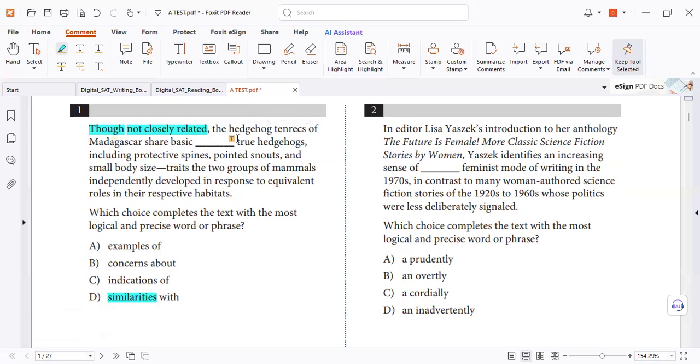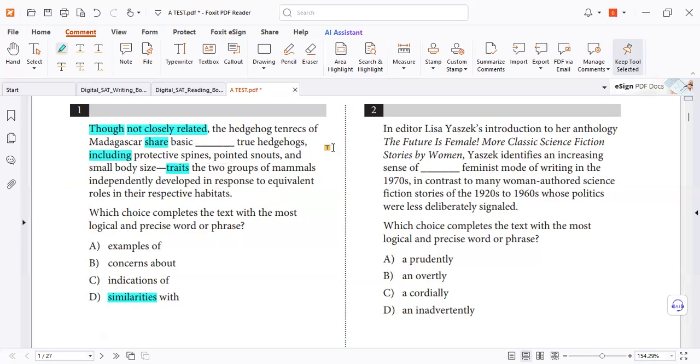So the heterogeneous of matters share basic, they share. If we share something, we share something similar, another evidence. And then examples to help you, including the contrast technique, vocab to help you know the answer, examples. And then additional explanation from the writer to help you, traits.